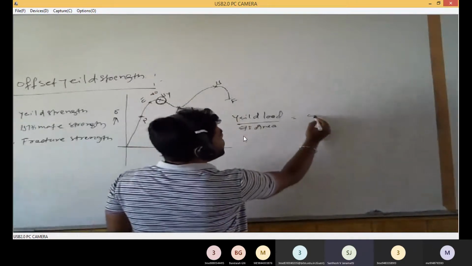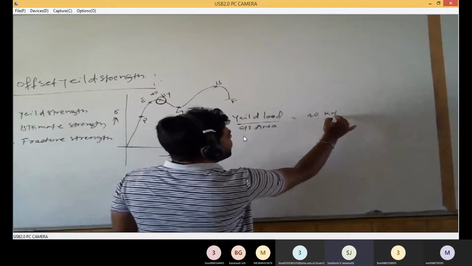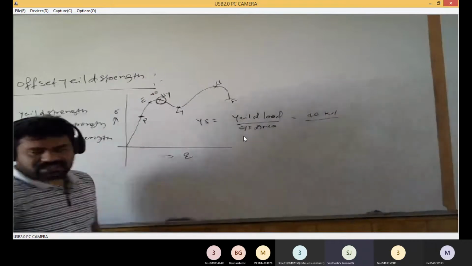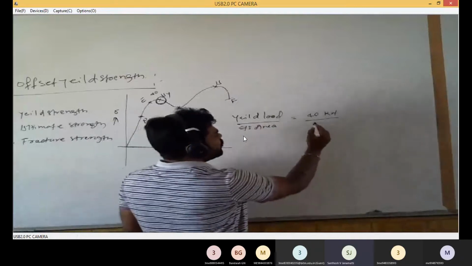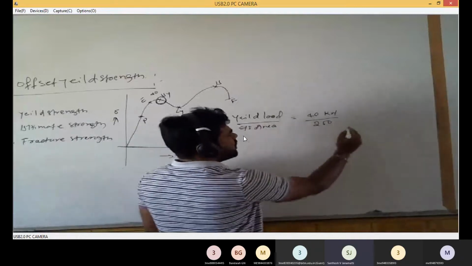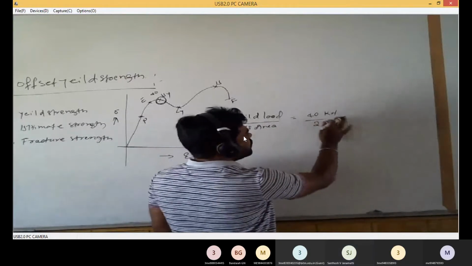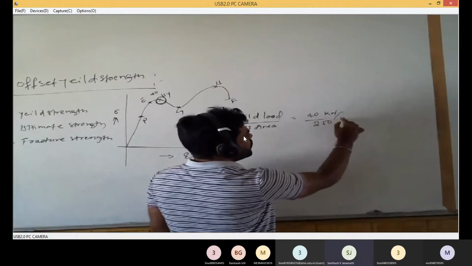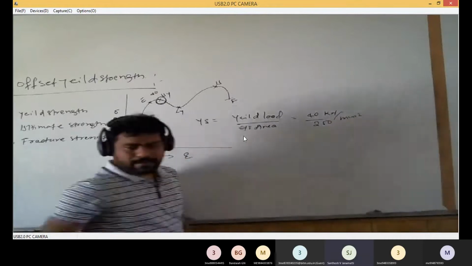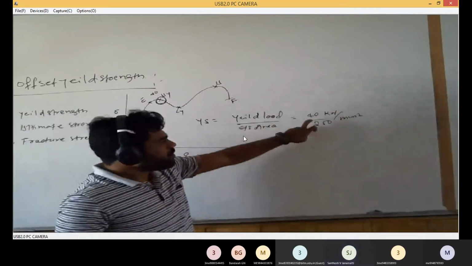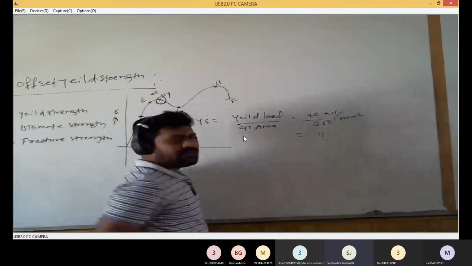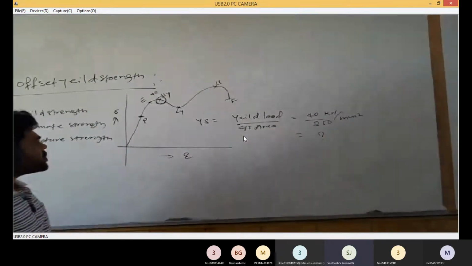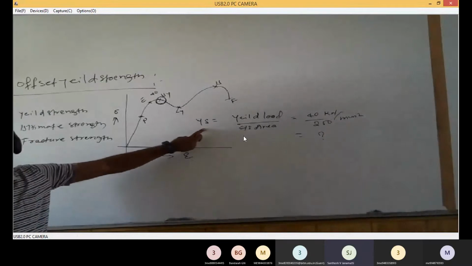You can take yield load 40 kilonewton divided by cross-sectional area. Assume the cross-sectional area is around 250 mm². So kilonewton per mm². Once you simplify this, we will get one value. That value is called the yield strength.